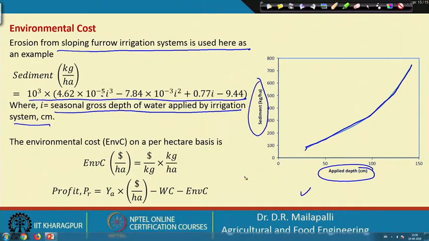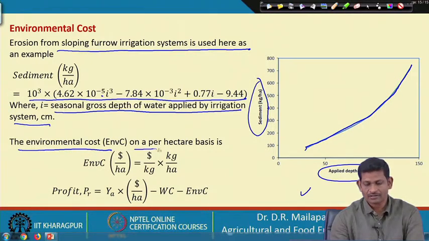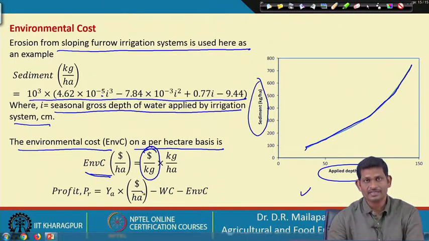The environmental cost on a per hectare basis is computed in dollars per hectare. So, dollar per kg is the cost of sediment which is being added to the fresh water, and kg per hectare is the yield of sediment from the particular watershed or irrigation system.